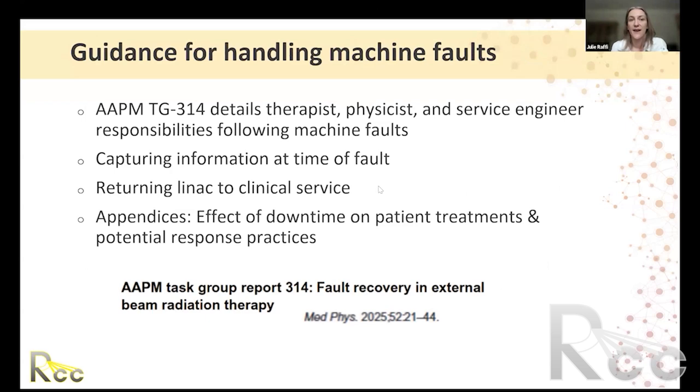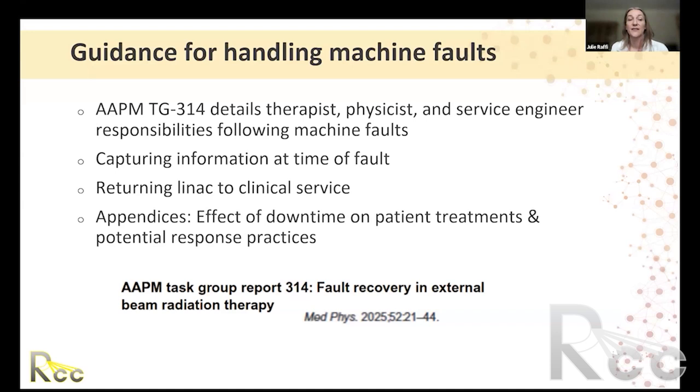So there's some recent guidance that came out from AAPM. There's a task group report about fault recovery in external beam therapy. This is detailing what everyone's role is if there is an interruption. Important things are capturing information at the time of the fault, and how to return the LINAC to clinical service.